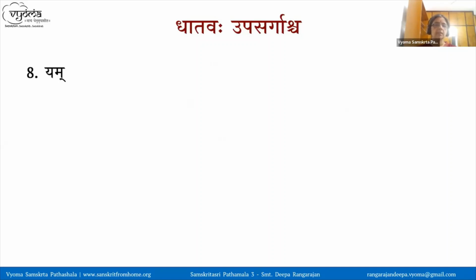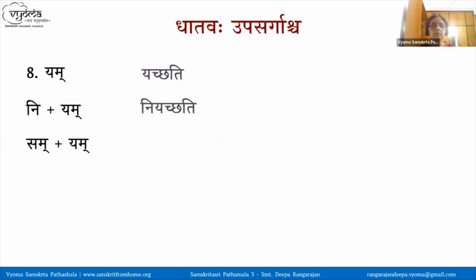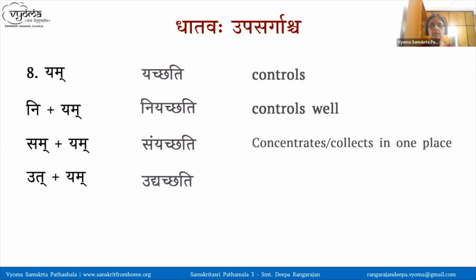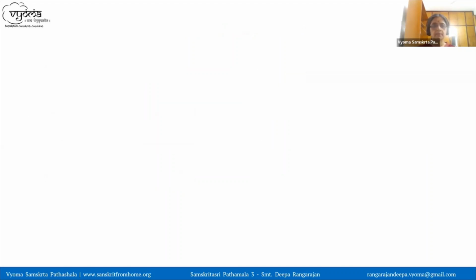Yam yachati, to control. Niyachati also. Samyachati, all these things have very similar meaning. Controls well, concentrates and collects in one place. So only when the mind is collected and concentrated, it is samyachati. Udyachati is to try.